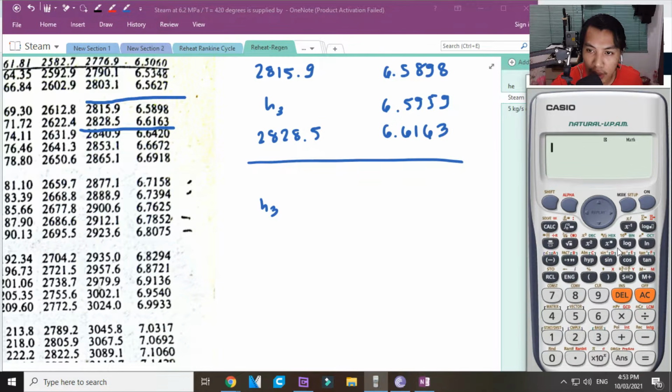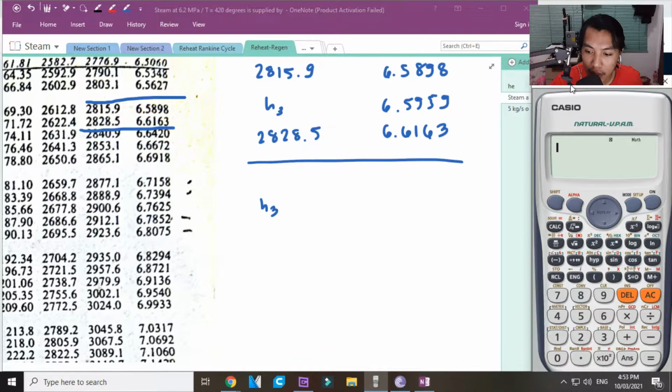Mode 3-2. AC natin. That is 6.5898, 6.6163, and the corresponding enthalpies 2815.9 and 2828.5.